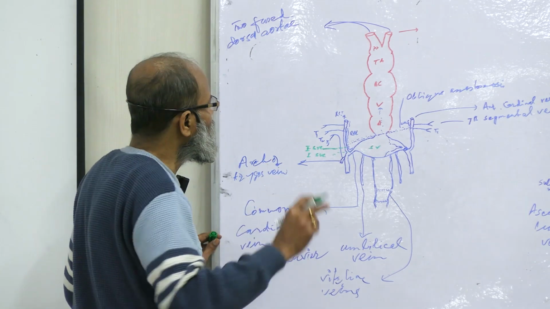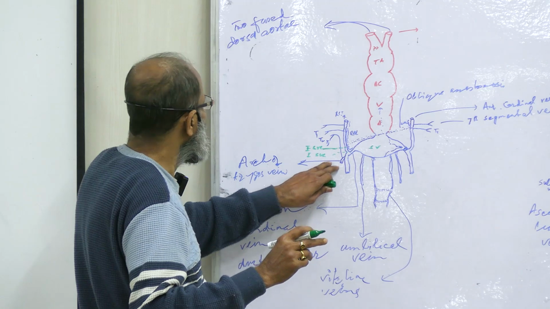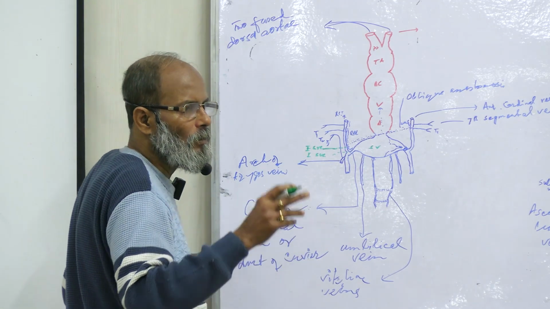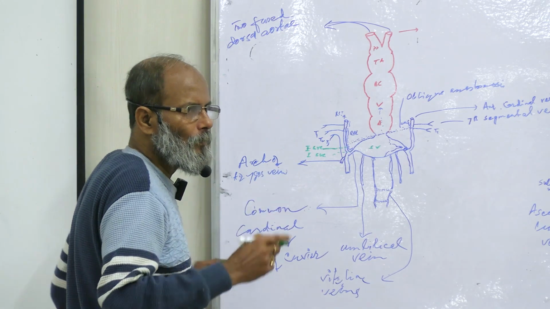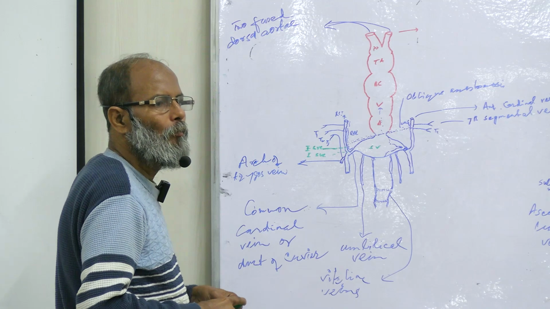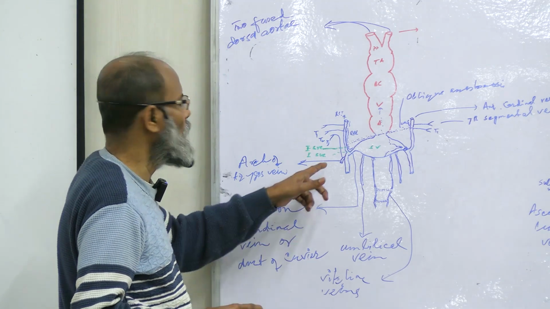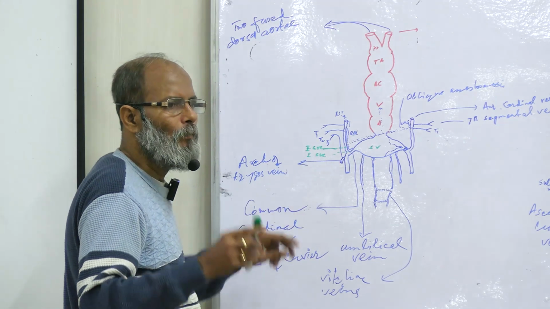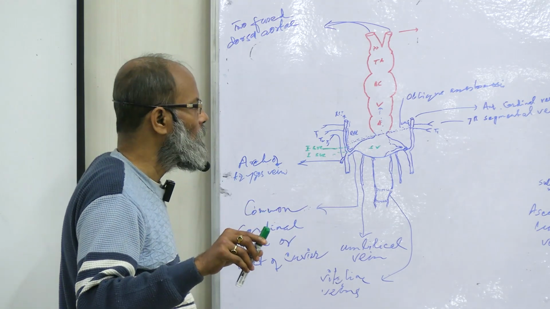All right. And you see, this is the arch of the azygos vein, developed from the cephalic part of the right posterior cardinal vein.